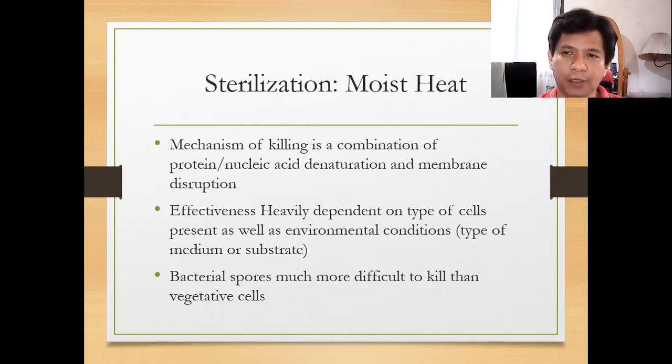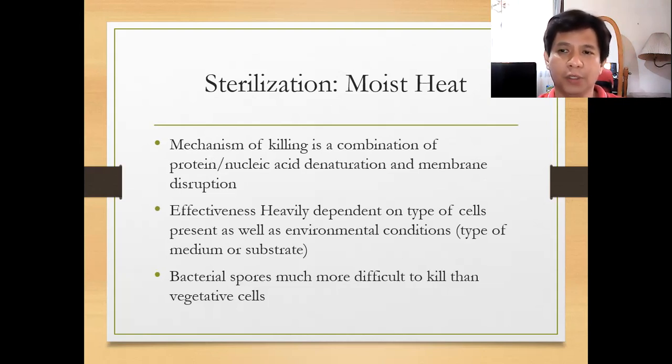So this particular slide discusses how steam kills microorganisms. Basically, the mechanism of killing is a combination of protein and nucleic acid denaturation. Microorganisms are made up of protein and nucleic acid.